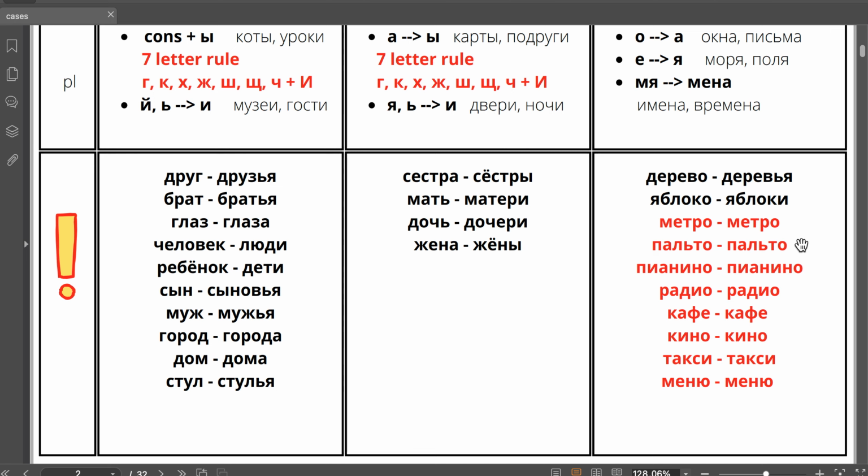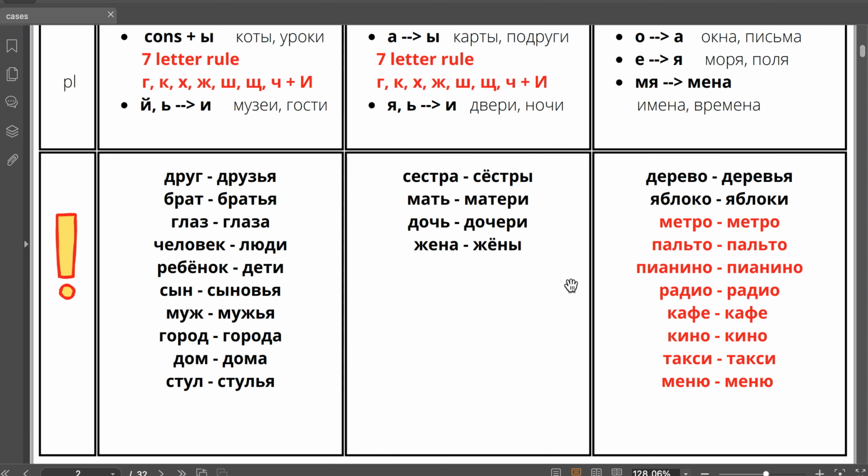They have one form for both singular and plural. We never change them, and we never change them in any case. They're always like that in accusative, genitive, dative, and so on. That's why I call them strong words. It's my special term that I created.